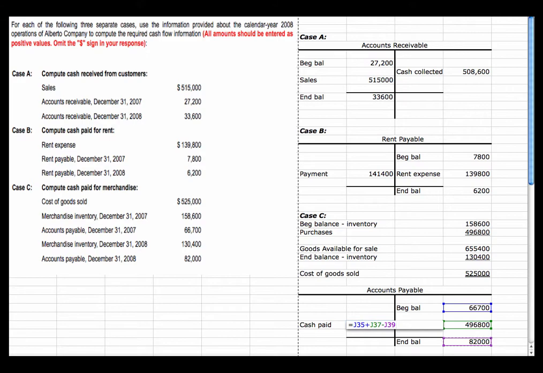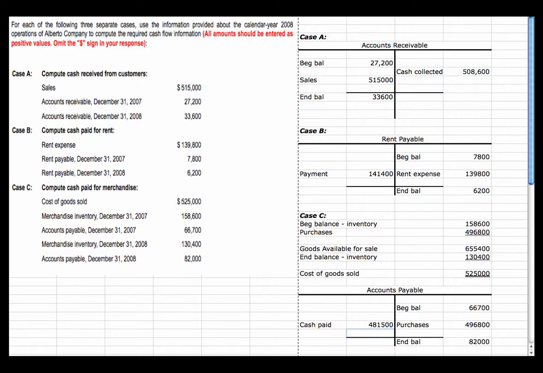The difference is going to be how much I paid. So what we're really doing is we're going back and trying to remember the effect of debit and credit entries in the various accounts depending upon whether it's an asset, a liability, or an equity account.